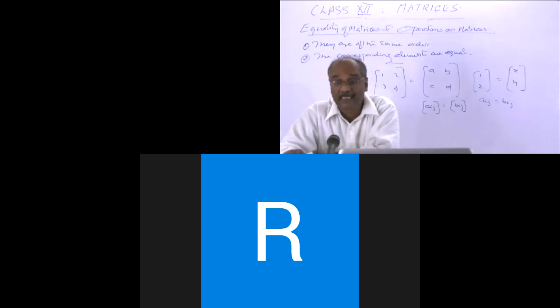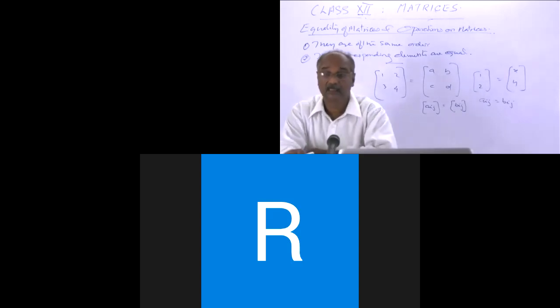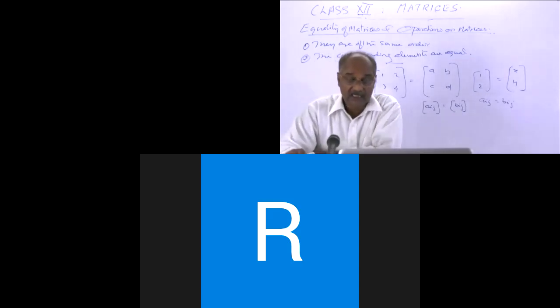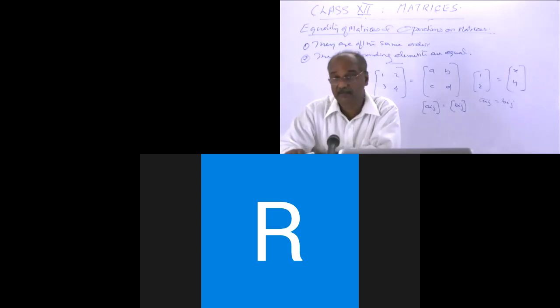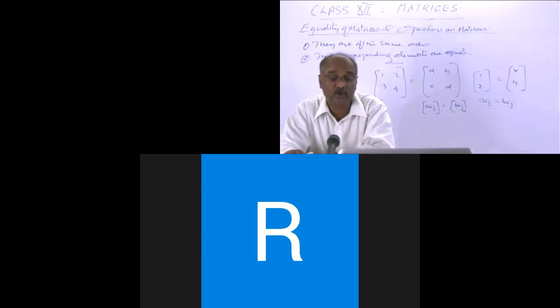For applying these operations, certain specific conditions should be satisfied. To add two matrices, they should be conformable for addition. Similarly for subtraction, and for multiplication also, the matrices should be conformable for multiplication. Conformable means suitable.